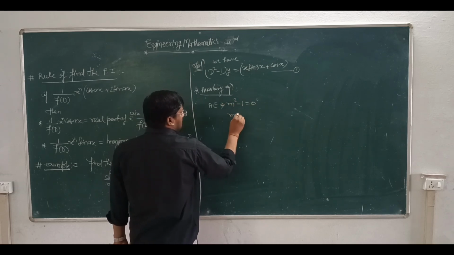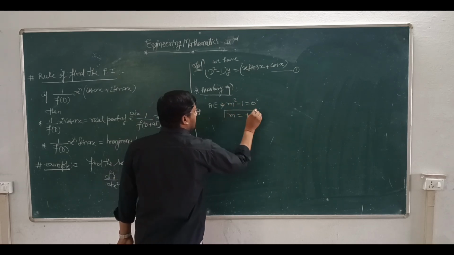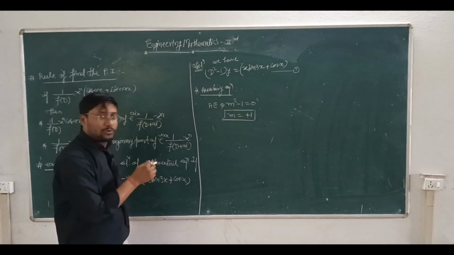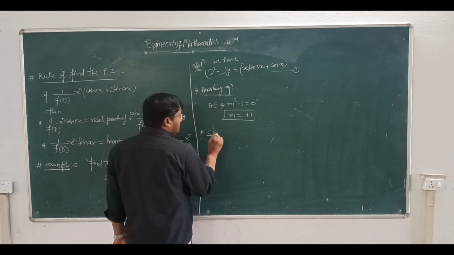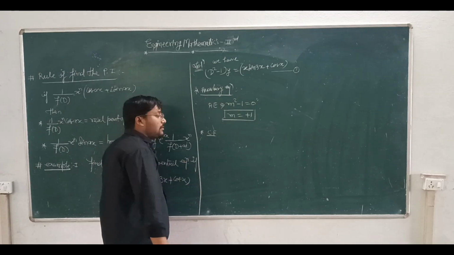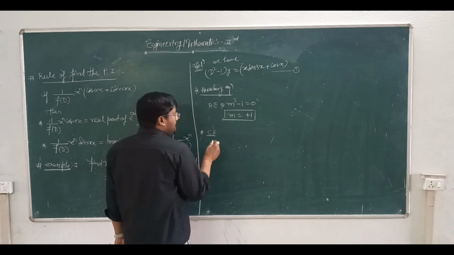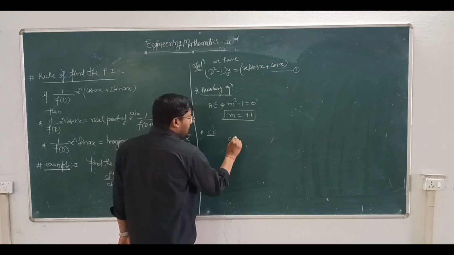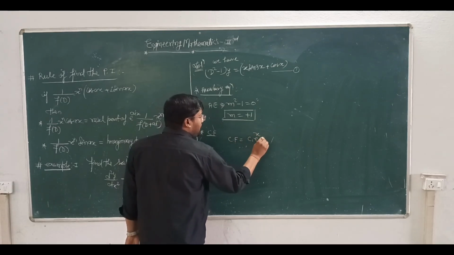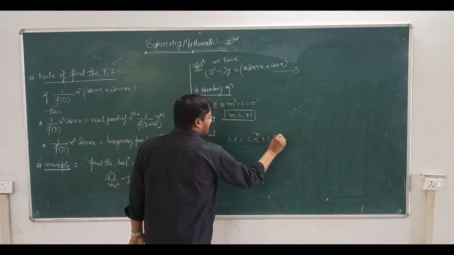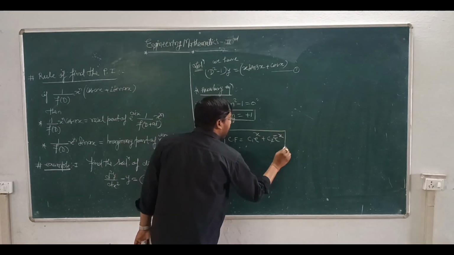It means m is equal to plus minus 1, two roots of this equation. Now second is finding the CF, this means complementary function. CF is equal to C1 e to the power x plus C2 e to the power minus x. This is your CF.